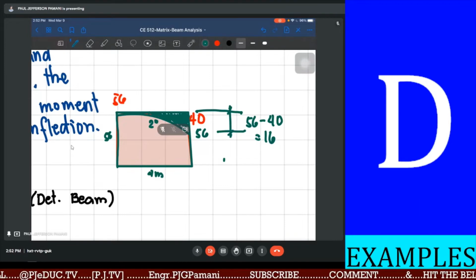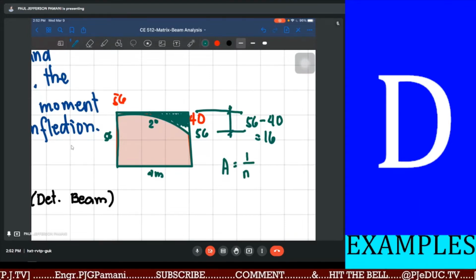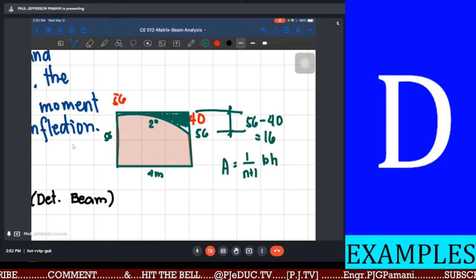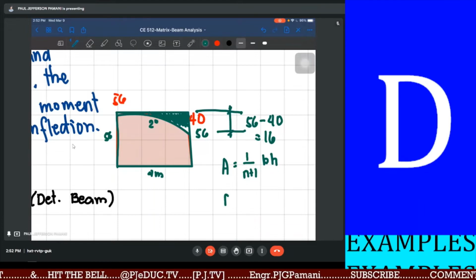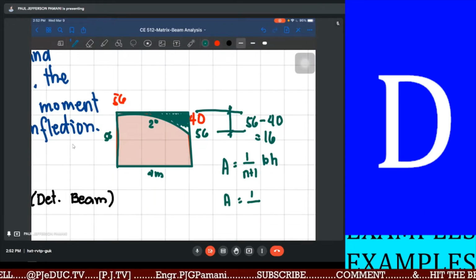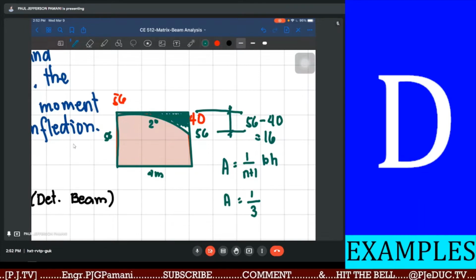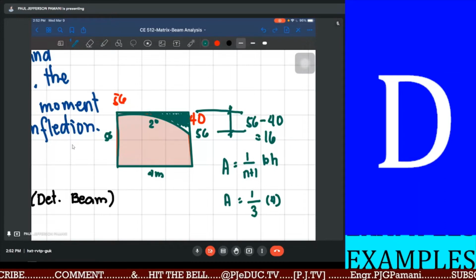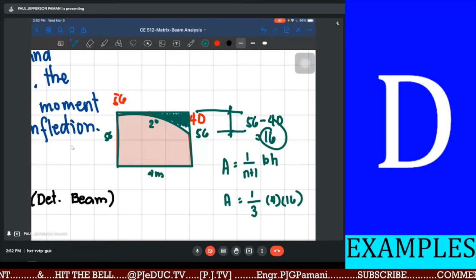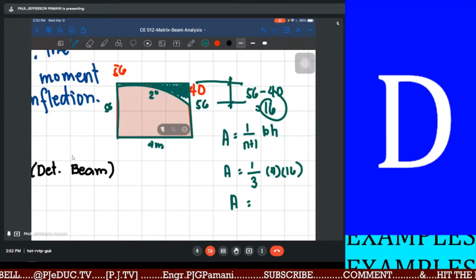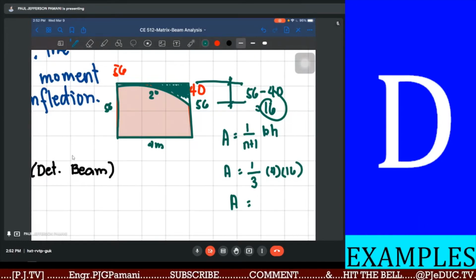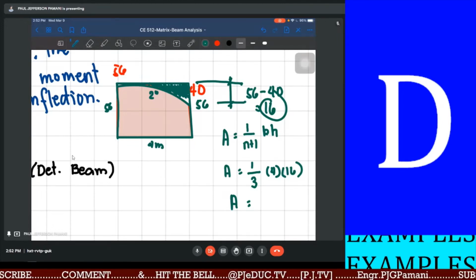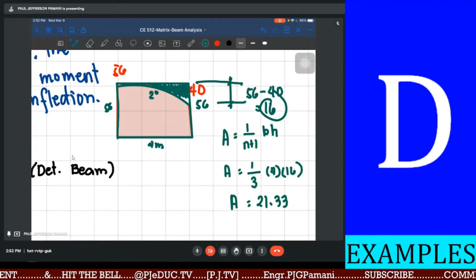Area of a spandrel is simply 1 over the degree of the curve plus 1 times base times height. Okay? So remember that the curve is on the second degree, so that is now 1 over 2 plus 1, 1/3, base is 4 meters at the height of 16. The area of the spandrel now is 1/3 of 4 times 16, which is 21.333.